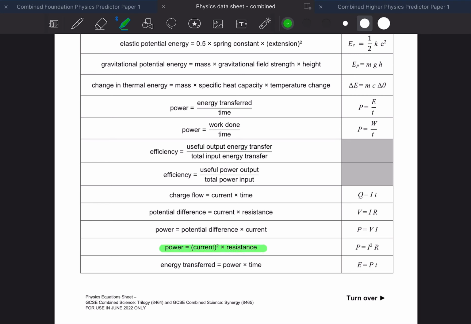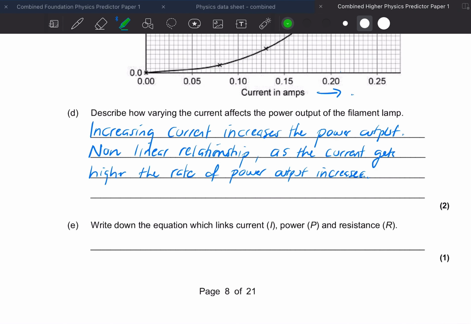Power, current, and resistance. So it's P equals I squared times R. And as I said in an earlier question, write it down if it's asking you to specifically write the formula, because if we use a lowercase i, or we don't show it properly, like our I's don't look like uppercase I's, then we might not get the mark. So power equals current squared times resistance.